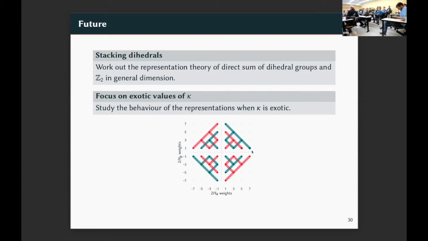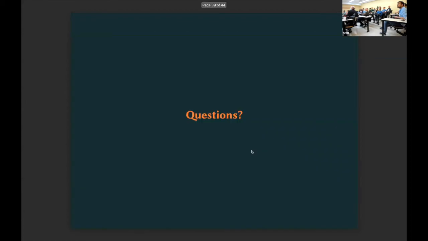We hope, but still need to prove, that for stacking dihedrals, so a direct sum of dihedral groups and Z2, we can do it using only what we've done in 3D with the dihedral and Z2, and what we are doing in 4D with 2 dihedral. This is our hope for the future, and on this, I will welcome questions.